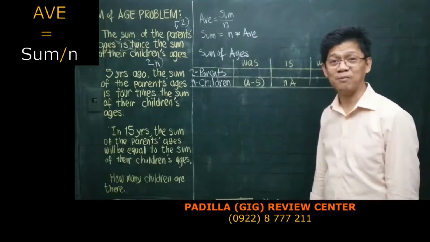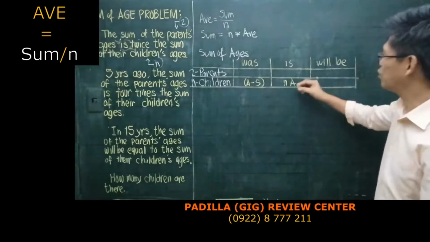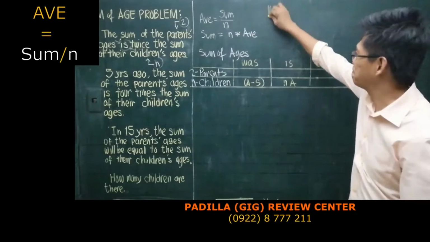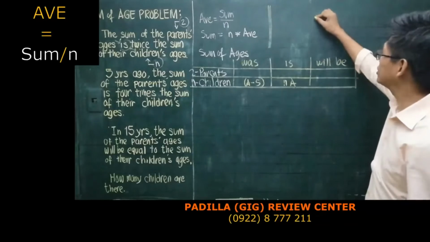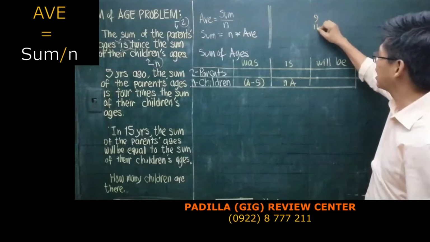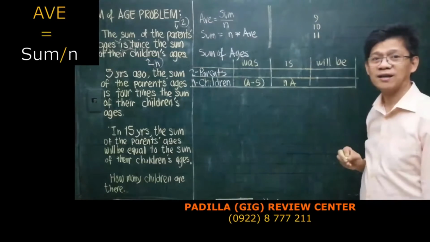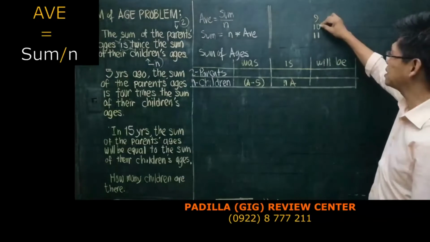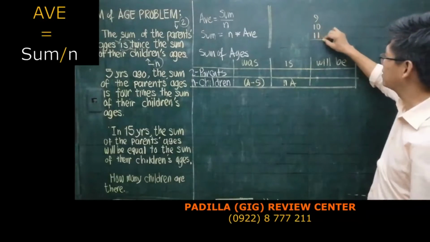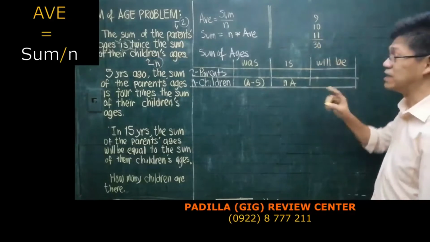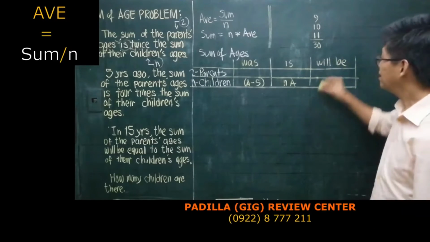Why A minus 5? Because of this. Suppose at present, you have 3 children, for example, whose ages are 9, 10, and 11. The average age of 9, 10, and 11 is 9 plus 10 plus 11, that's 30, divided by 3.